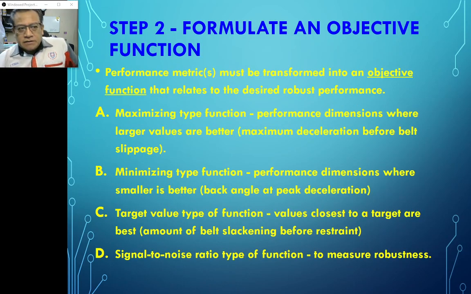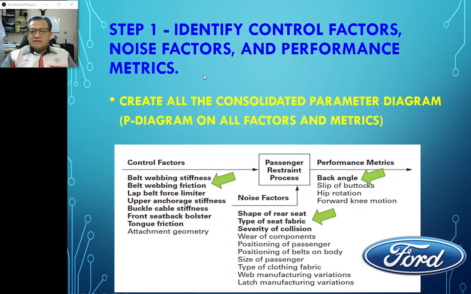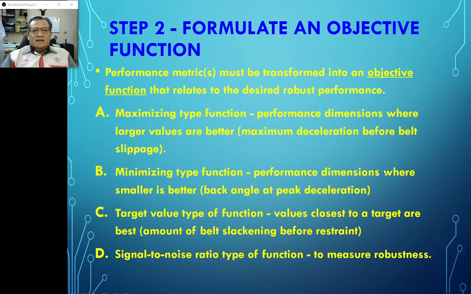Step 2, engineers need to formulate an objective function. First, the performance metric. The performance metric is this, which is the outcome of the testing, and must be transformed into an objective function that relates to the desired robust performance.